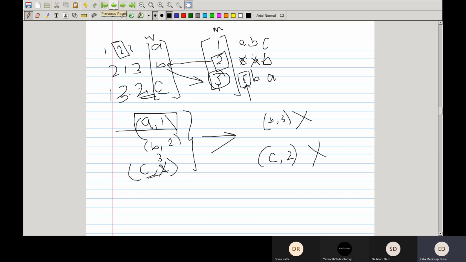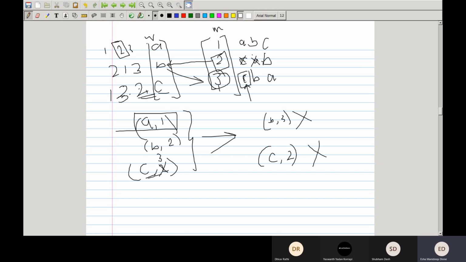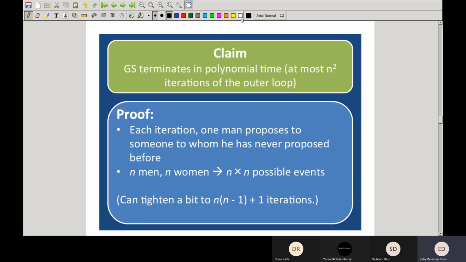Now we'll go towards the proof claim. The claim is that GS terminates in polynomial time. There might be some question that this algorithm might not terminate at all, because this is basically a while some man is unmatched loop. It's a while loop, so it might turn out to be an infinite loop. We'll first prove that that is not the case and it terminates, and that too in at most n square operations.